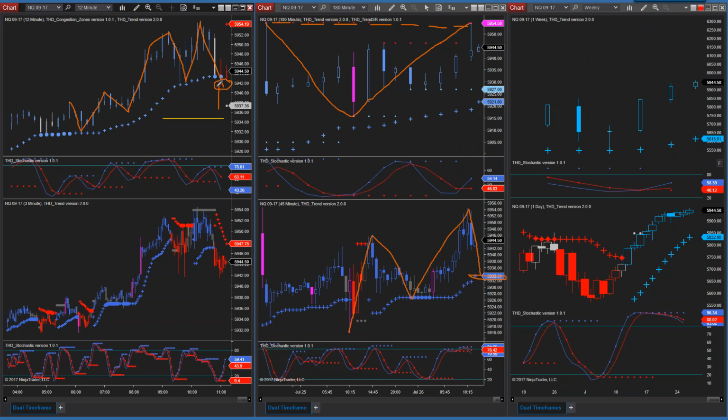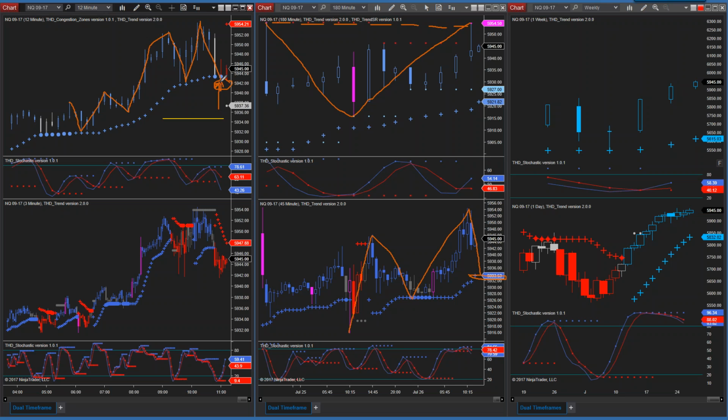If we wanted to take a long right here, what is telling you on the 12-minute it might not be a good idea? It's a lower low. That is right, Bill.